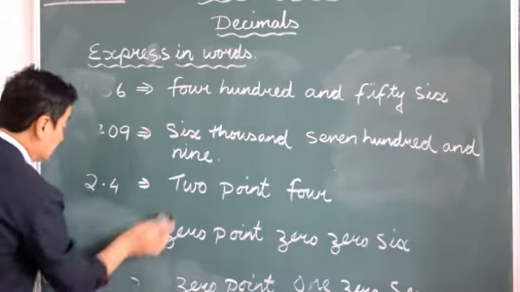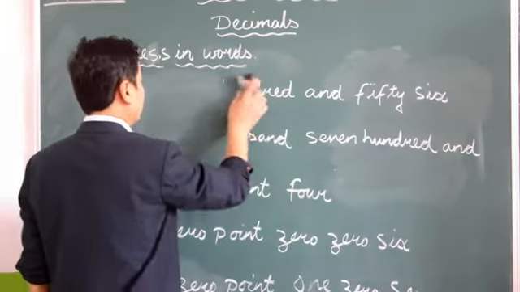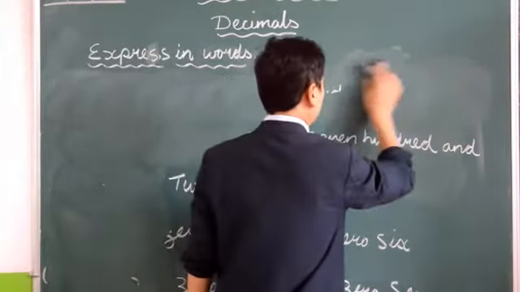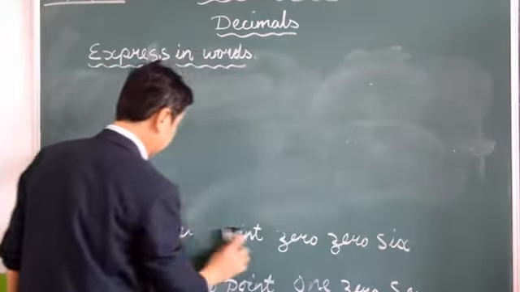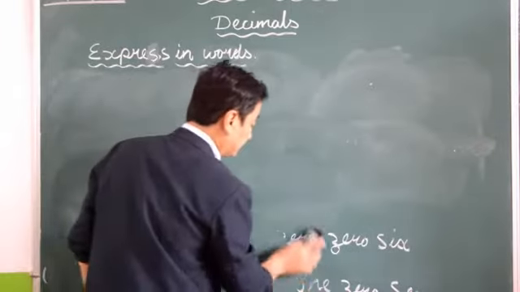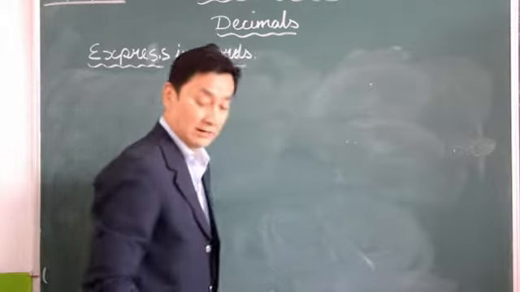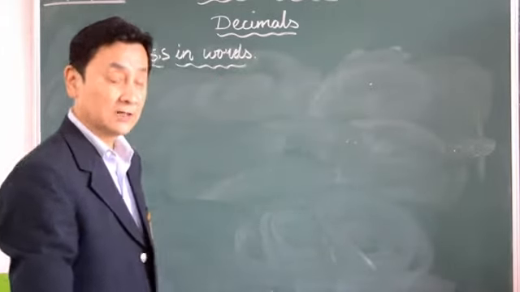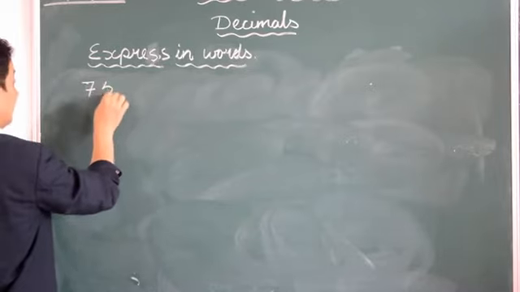Remember, if there's no decimal, it's a whole number, and the decimal point comes only after you have written the whole number. When there is a decimal point, for example 2.4, 2 is the whole number and 4 is the fraction. So let's do some more. 75.